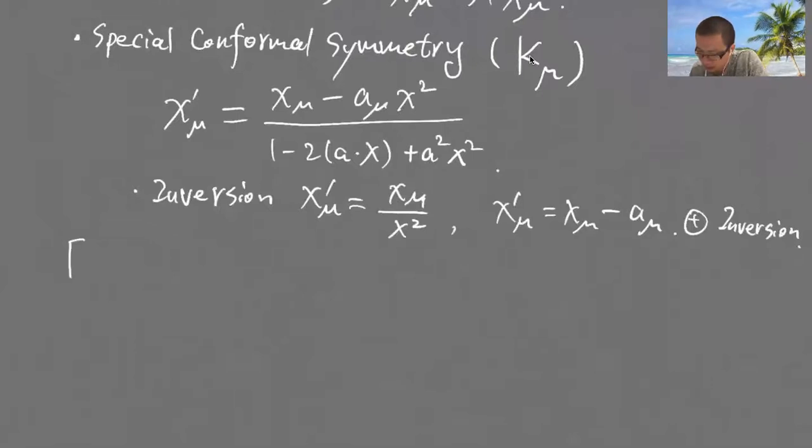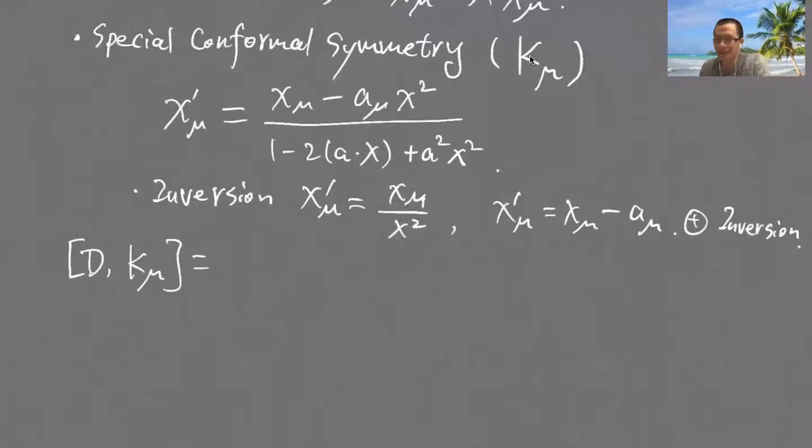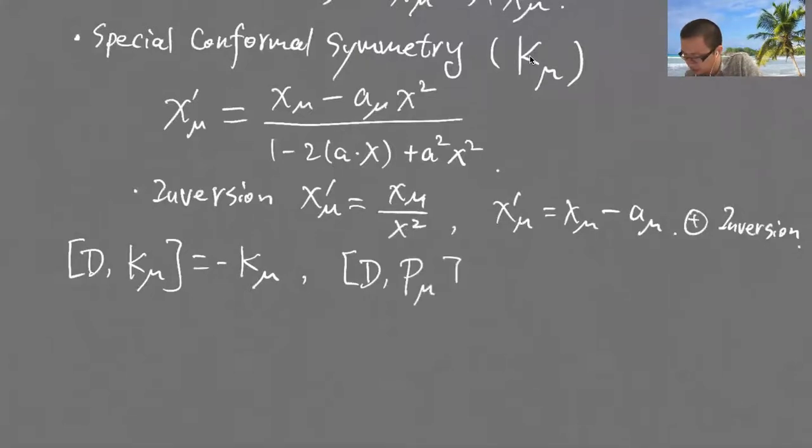In particular, the commutation relation between dilatation and the special conformal transformation leads back to K itself. And similarly, when D commutes with P, it goes back to P. So these two are almost the same up to a subtle sign difference. We will come back to that.